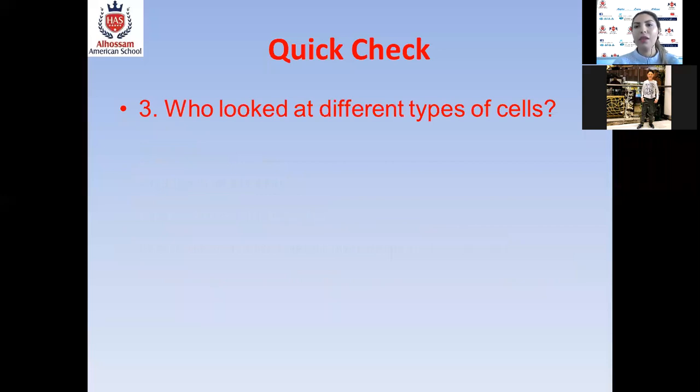After Robert Hooke, scientists came and looked at different types of cells, like bacteria, blood, and yeast. What's the name of this scientist? Adam? Yes, Anton van Leeuwenhoek. Great job, Adam.